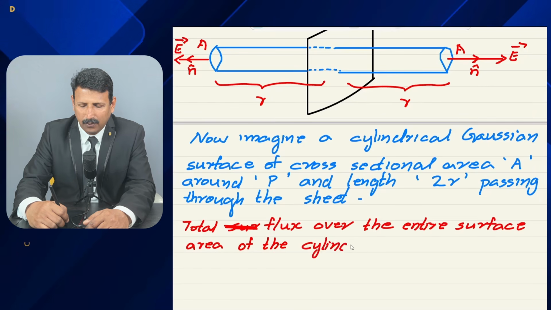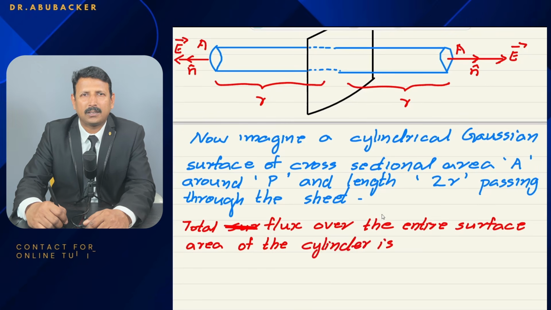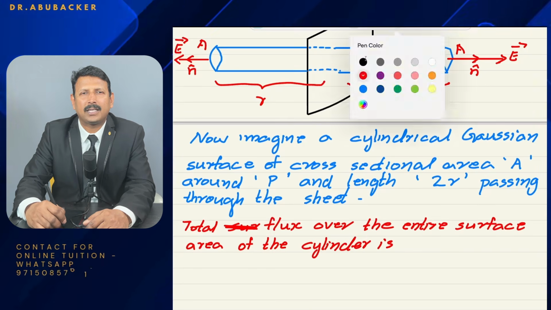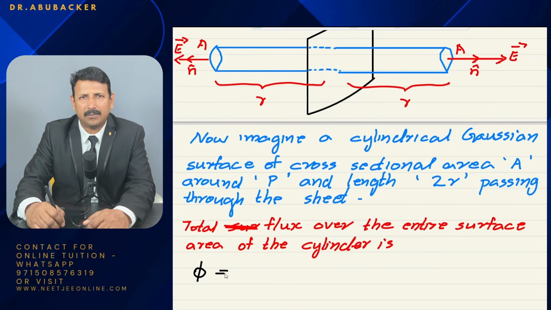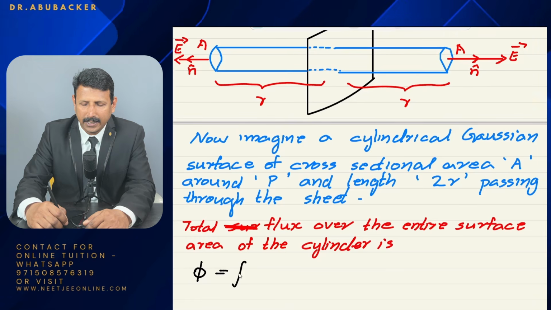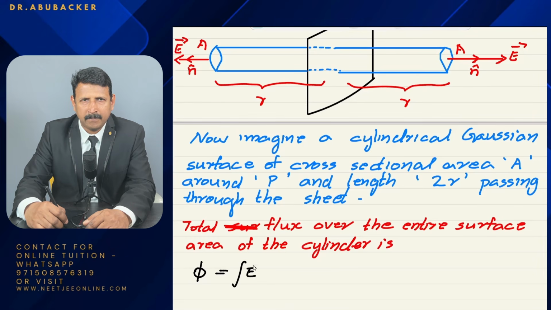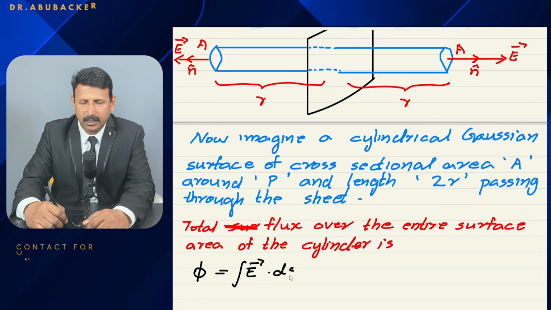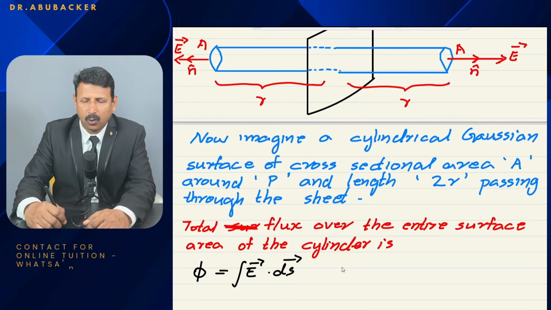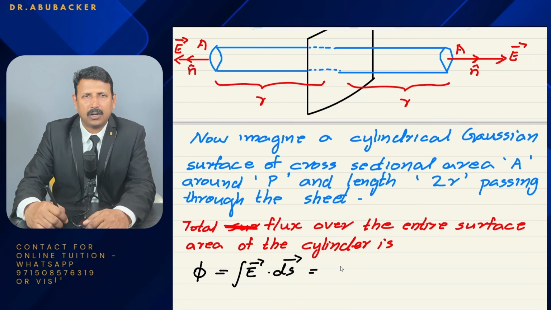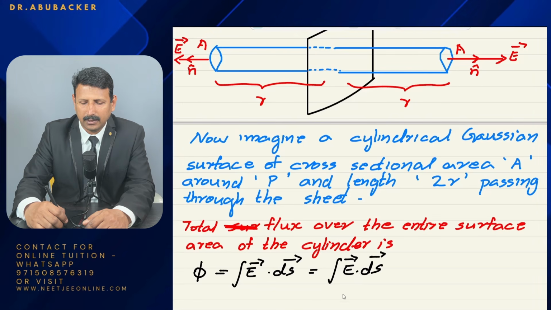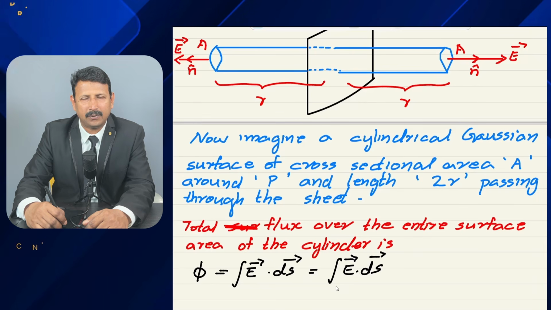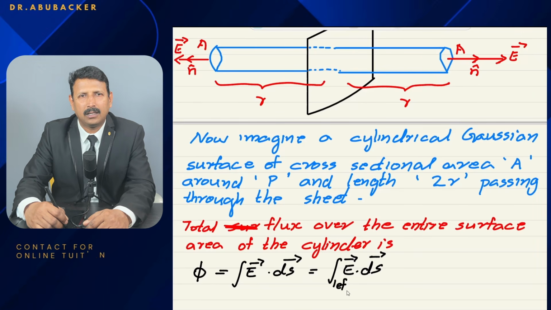So the total flux over the entire surface area of the cylinder is phi equals integral E dot dS. Remember to mark the vector symbol above E and dS, as we are dealing with vectors.